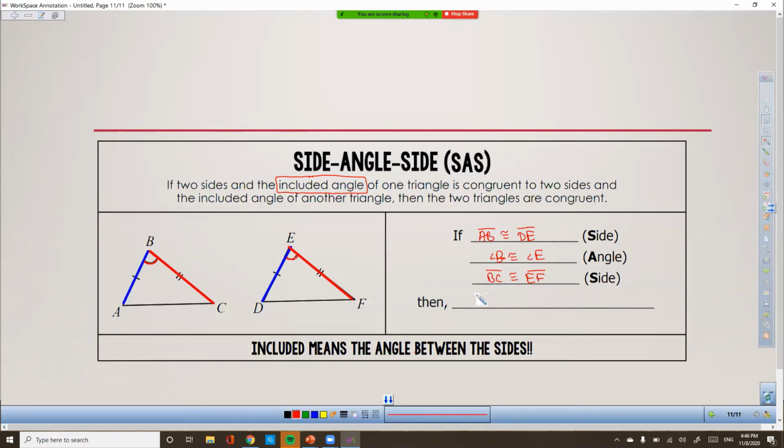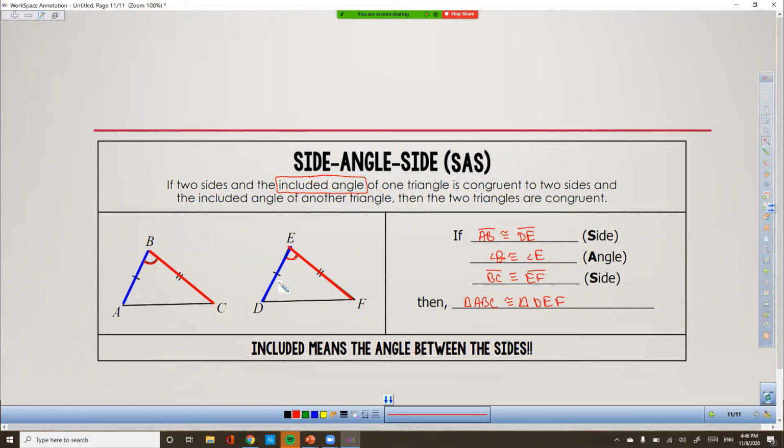Then it's enough information for me to say that triangle ABC is congruent to triangle DEF. So in order for me to use side, angle, side, it has to be the two congruent sides and the included angle, the angle in between, in order for me to say that those two triangles are equal to each other.